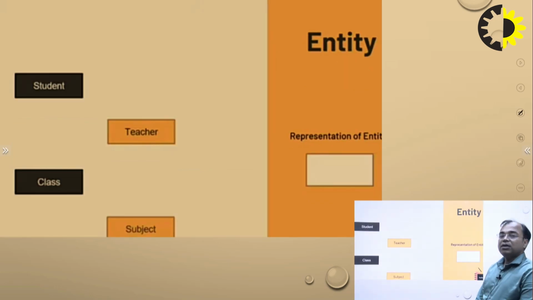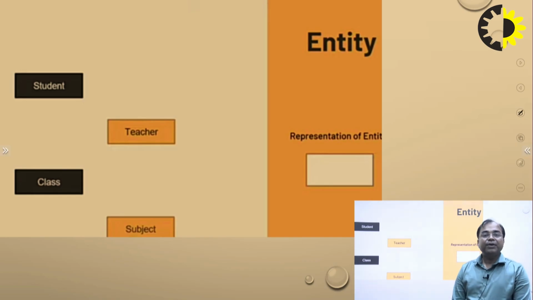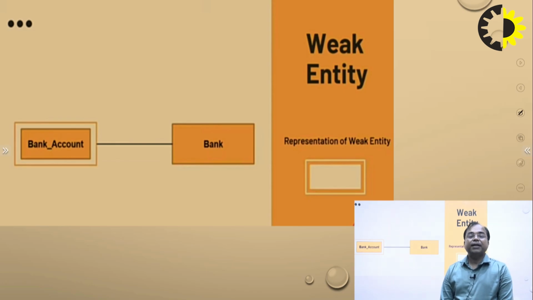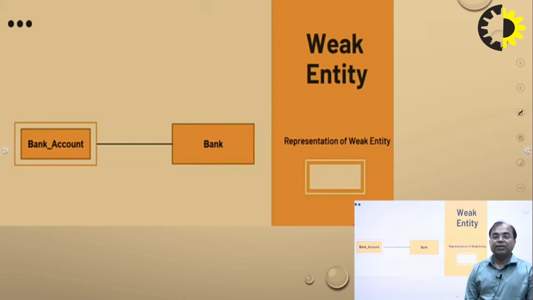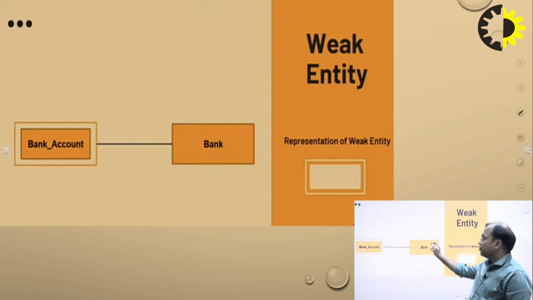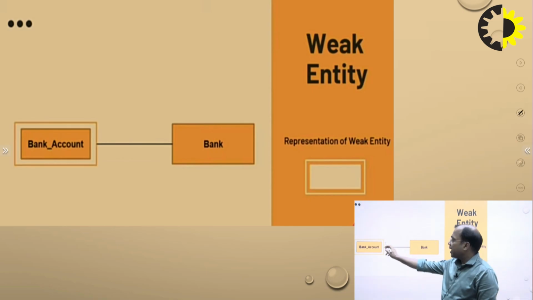Now let's go through one more. We have a weak entity also. So what is a weak entity? A weak entity is an entity which depends on another entity. There is no existence of that entity without the main entity or prime entity. For example, bank is one of the entities in a bank database. Then we have bank account as another entity in this database.